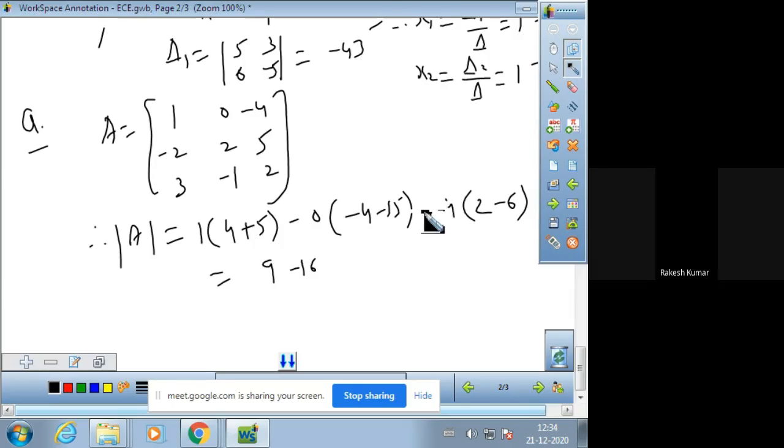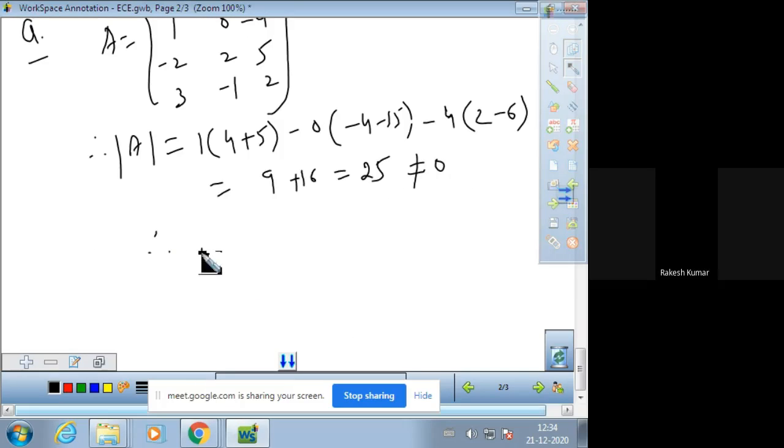So what does it come out to be? This comes out to be negative, and this is 2 minus 6. So this comes out to be plus 25. So the determinant of A is 25, which is a non-zero value. If the determinant of A is non-zero, this means A inverse exists.